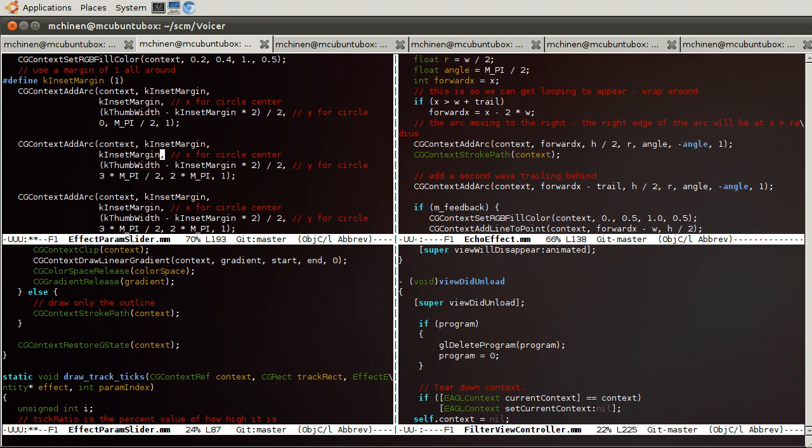One thing I forgot to do is change the x. So that should be k thumb height minus inset margin. And that should also be the same here: k thumb height minus k inset margin.